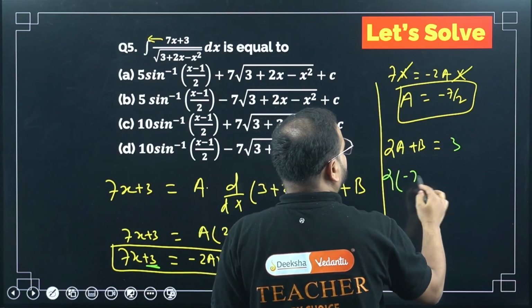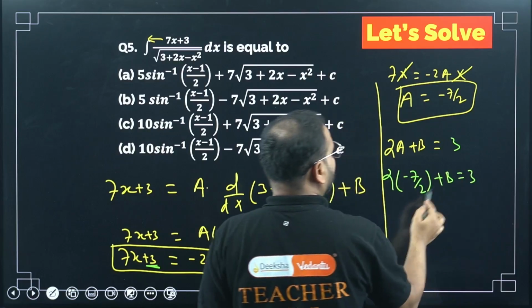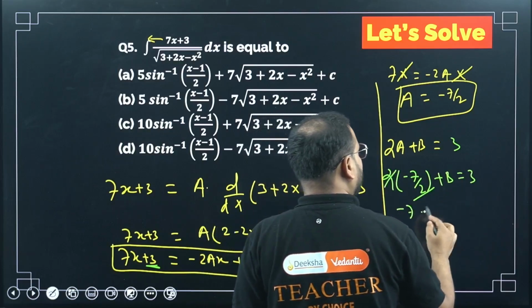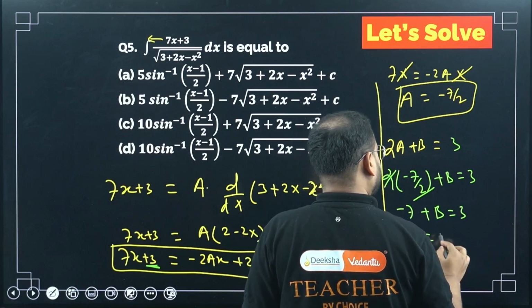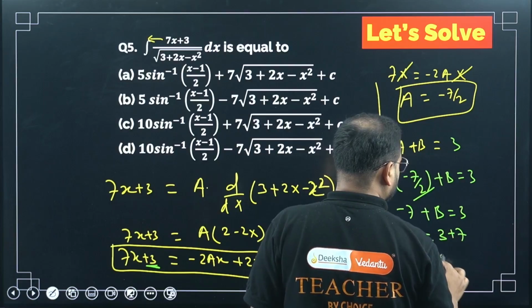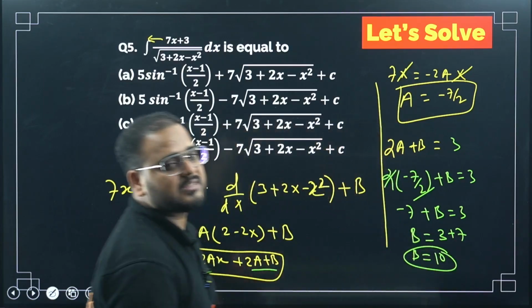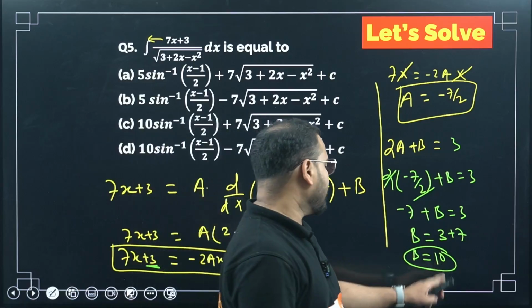Substitute. Please check. 2 cancels. Minus 7 plus b is 3. It means b is 3 plus 7. So b is 10, sir. So we have found a value as minus 7 by 2 and b value as 10.